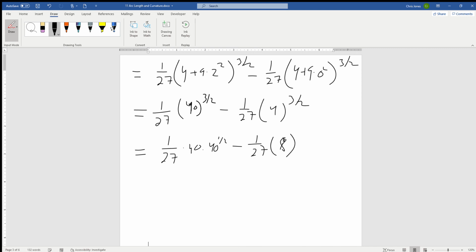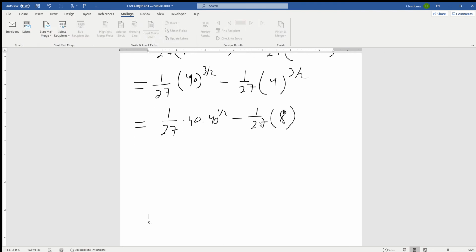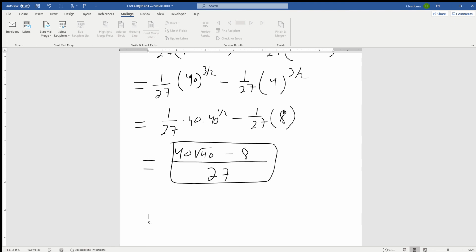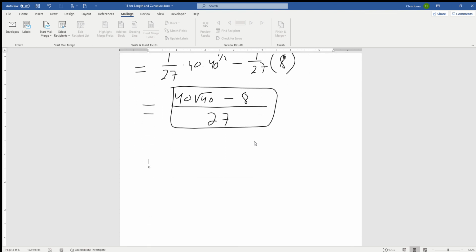And so if we really wanted to clean this up, lipstick on a pig, this would be 40 root 40 minus 8 over 27. All right, that would probably be the answer in the back of a textbook, etc. Okay, so hopefully that makes sense as to how to evaluate that.